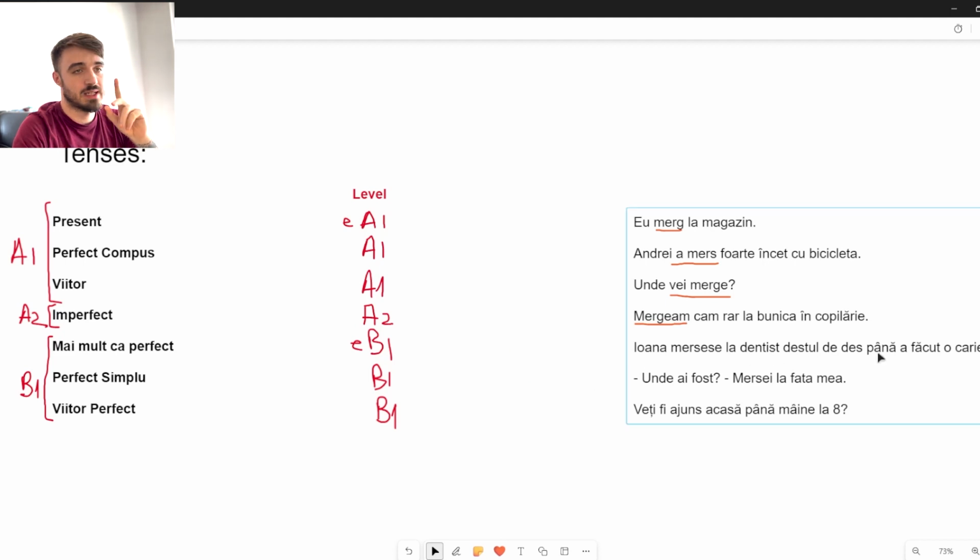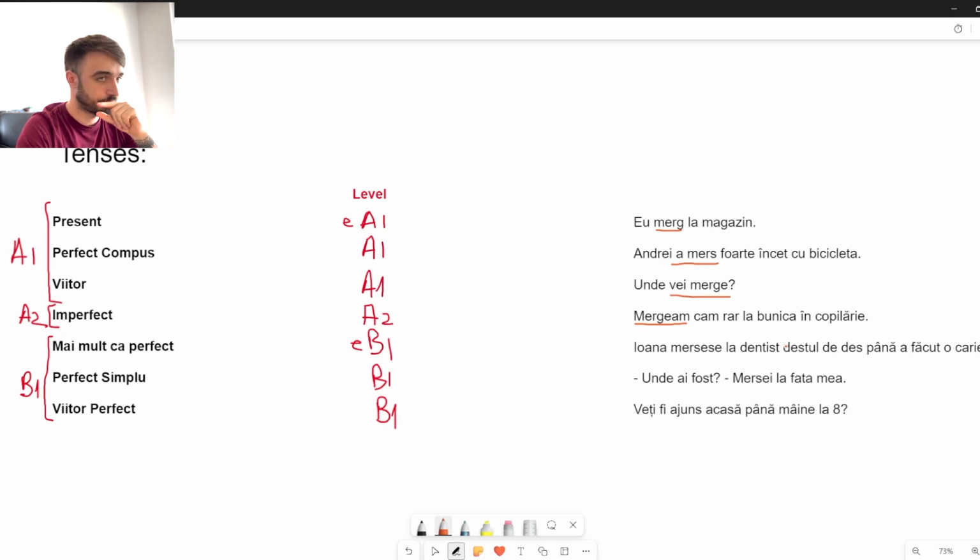So, Ioana mersese la dentist destul de des până a făcut o carie. So, Ioana had gone to the dentist quite frequently until she got a cavity. So, mersese, had gone, something that had happened before an action or something that has finished already in the past.